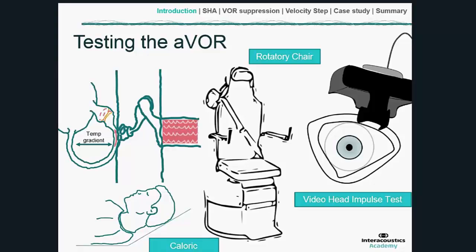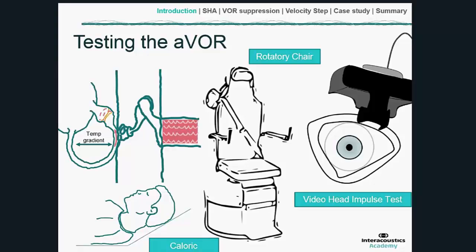Now on the right here is the V-HIT, and the V-HIT here is perhaps the younger of the three key tests that I'm displaying. Tests of the angular VOR, and it has a relative advantage in some sense over the chair in that, of course, it's cheaper, it provides a stronger stimulus again than the chair.